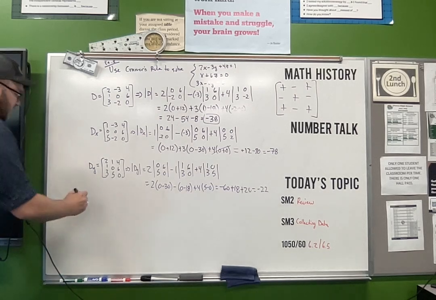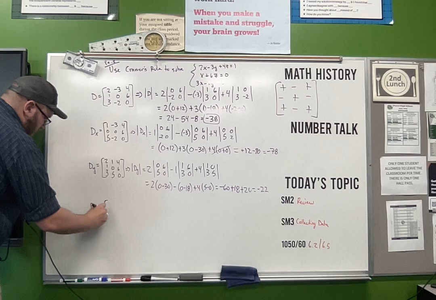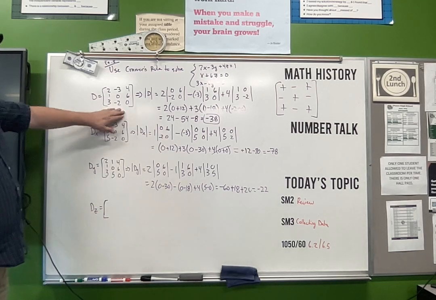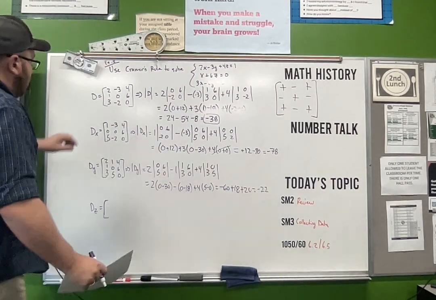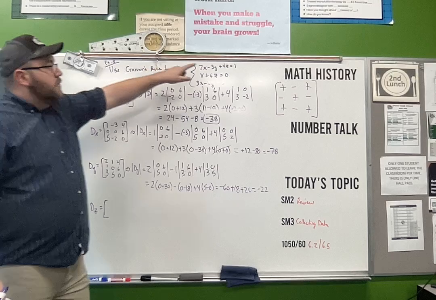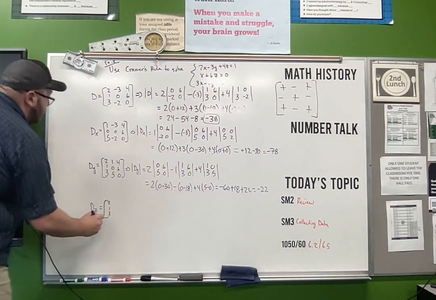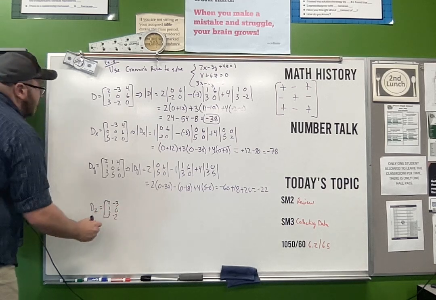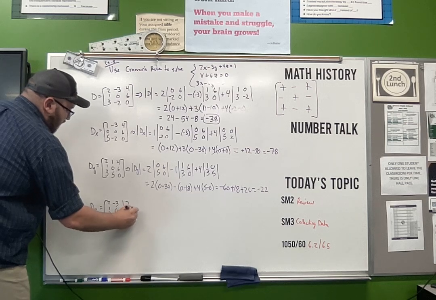And then D sub z, we take our D matrix, replace the z column with the solutions, 1, 0, 5. So we have 2, 1, 3, negative 3, 0, 2, negative 2, and then 1, 0, 5. Find the determinant.